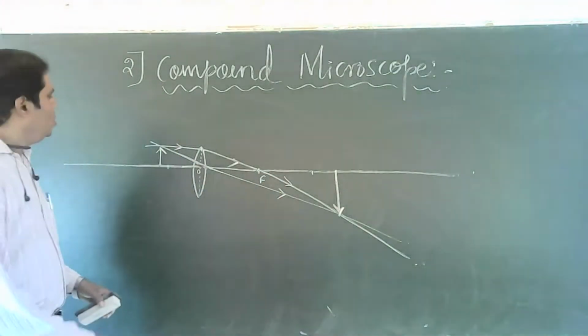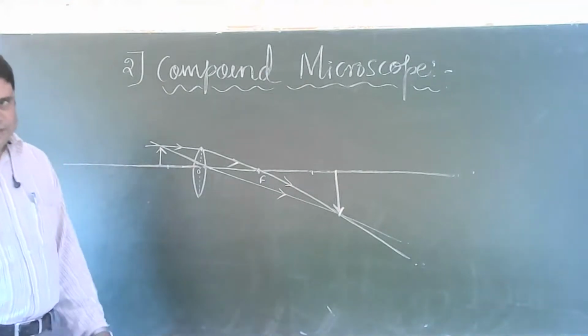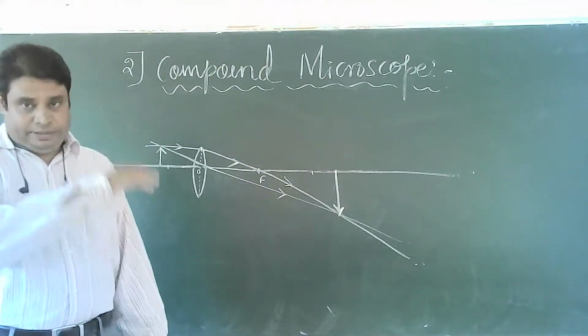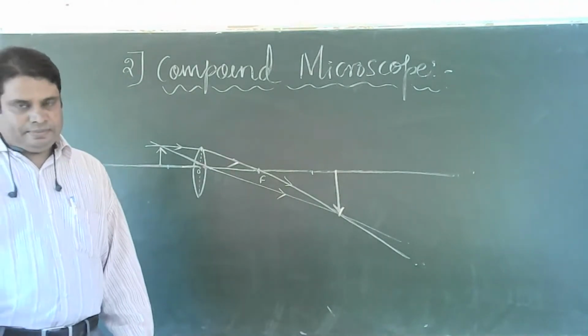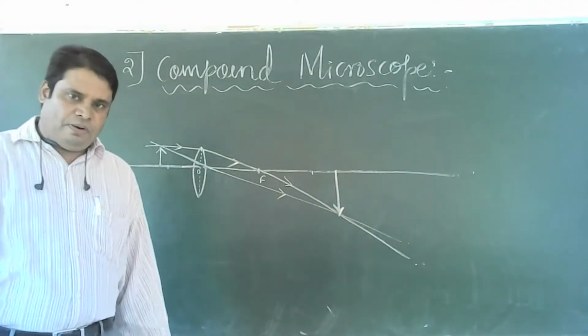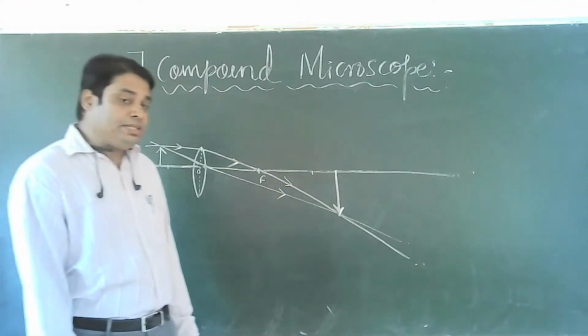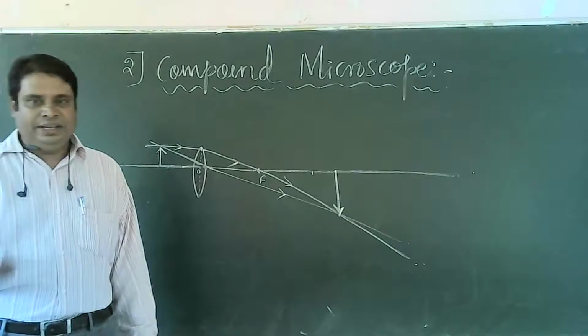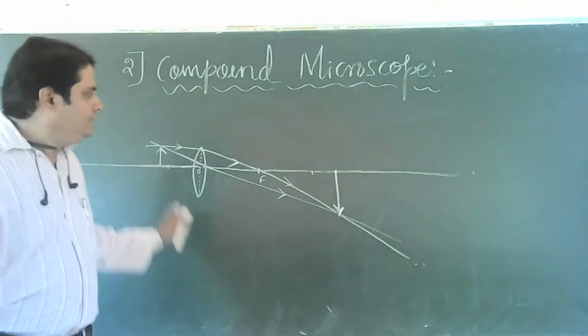Second principal focus. When the object is placed between OF and F, your image is formed beyond OF. What is the nature of the image? It is enlarged, inverted, and clear.